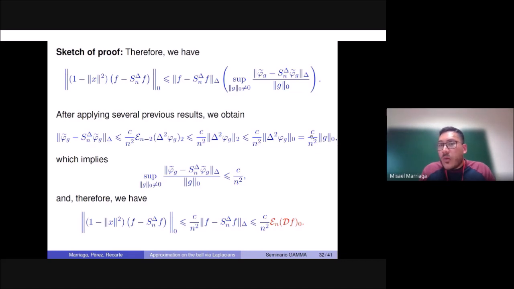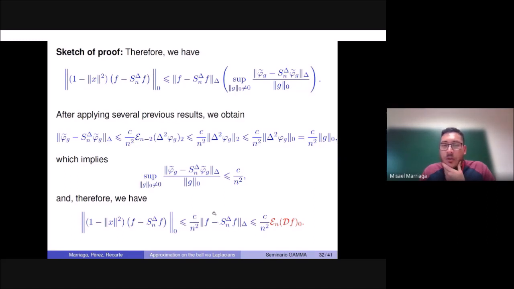And over here I have finally found the power of n that I was looking for, and just by dividing both sides by the norm of G, I have a bound for this supremum. So this supremum is bounded by some constant divided by n squared. And I can finally write the left hand side bounded by this quantity over here.